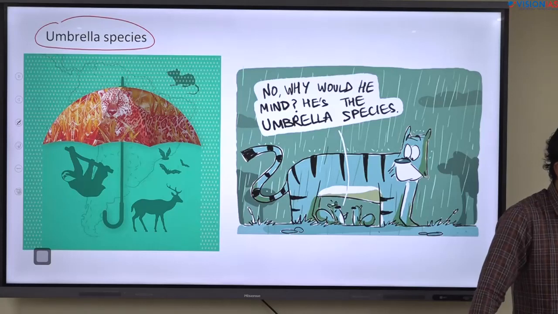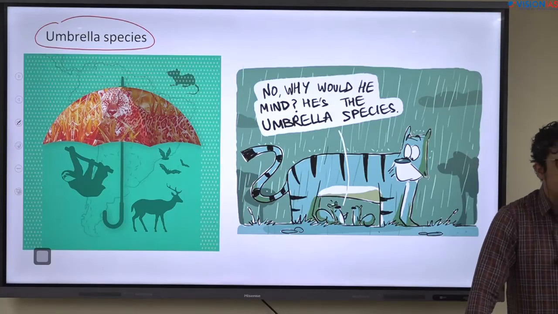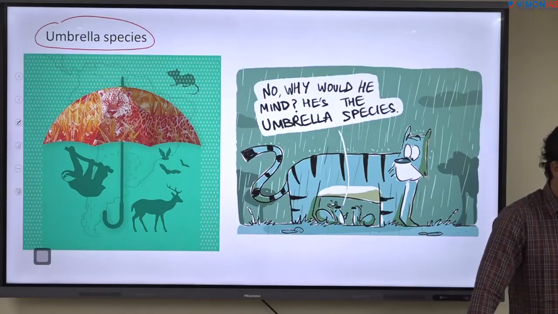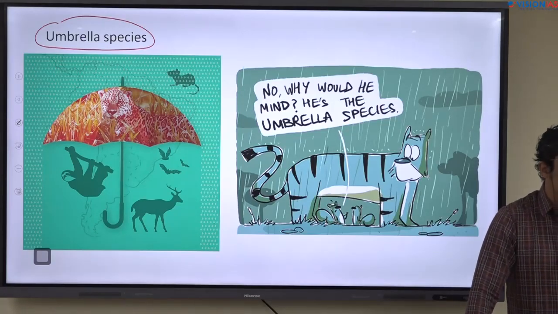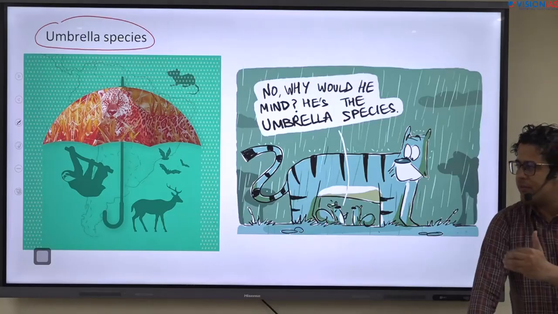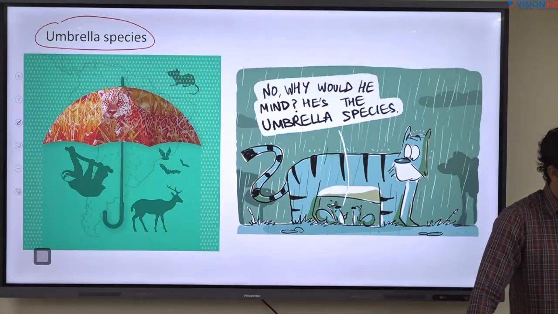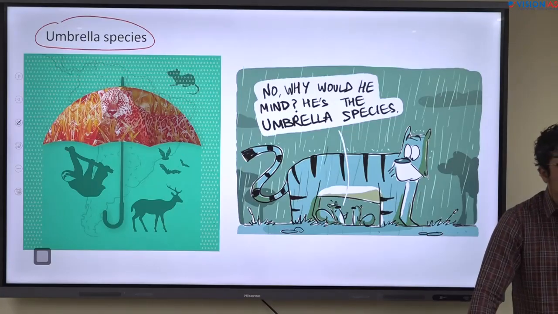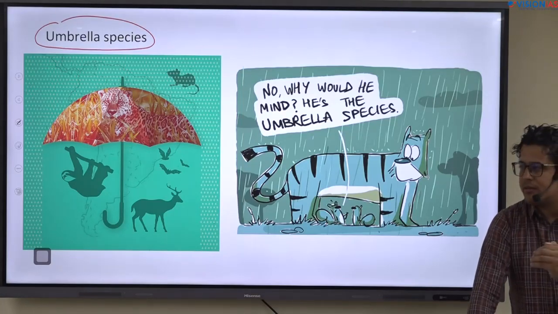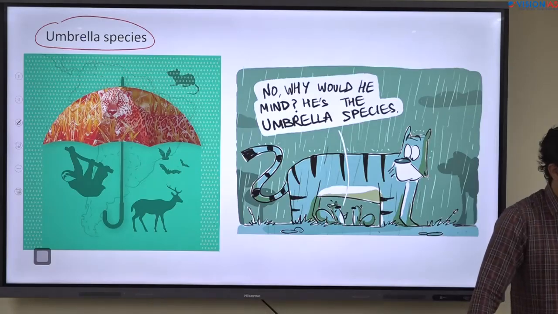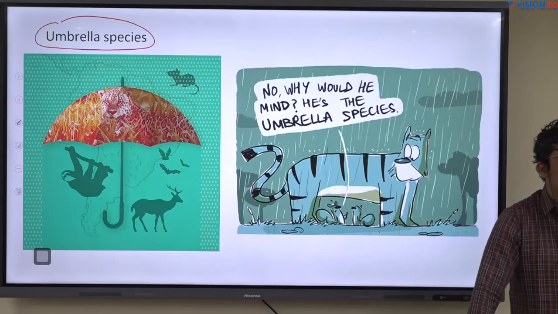For example, elephants. Elephants are umbrella species. They are large in size. They live in a large area. And if you protect elephants, there would be a positive effect on nature. How? See, elephants are large in size, they are heavy. When elephants walk in the forest, due to their weight, large fragments of soil break down and fine soil is created.